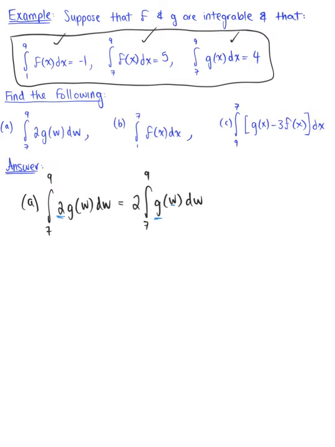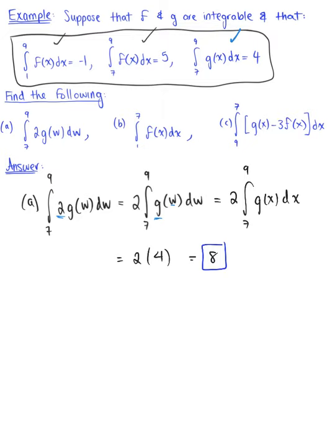Looking again at these three cases, this third case looks exactly like what we have in part A. So we can rewrite this in the equivalent form, 2 times the definite integral from 7 to 9 of g of x dx. Now we're ready to evaluate. This is equal to 2 times 4, which leaves us with that beautiful final answer of 8.